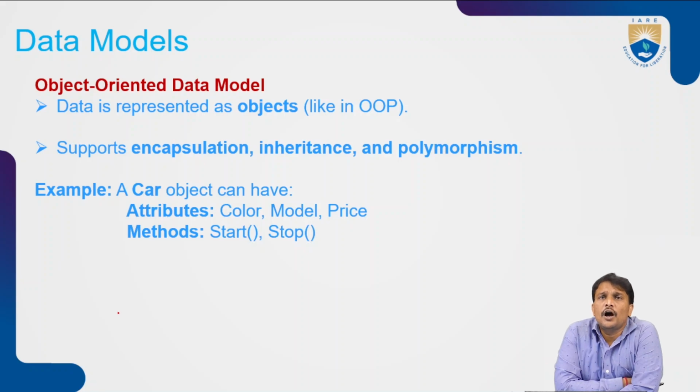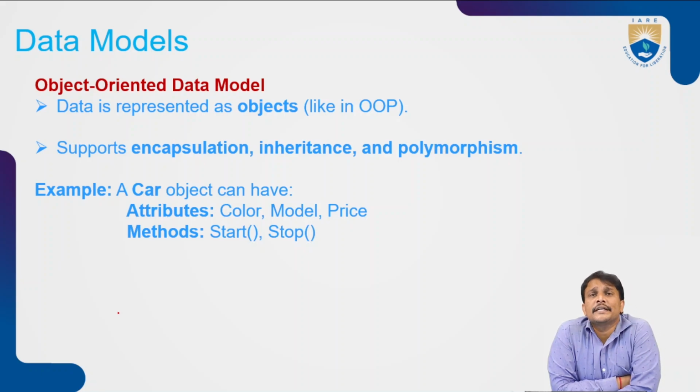Next one, object-oriented data model. Data is represented as objects. It's like OOP. OOP also supports encapsulation, inheritance and polymorphism. Like that, the object-oriented data model also supports encapsulation, inheritance and polymorphism.